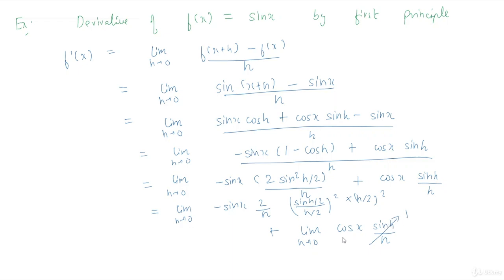So this part will be cos x, right? So this will be cos x plus limit h tends to 0 2 by h multiplied by h square by 4 times limit h tends to 0 sin h by 2 over h by 2, which is also 1.